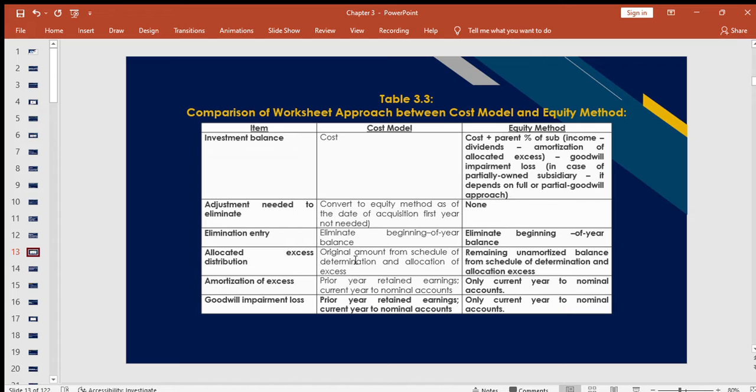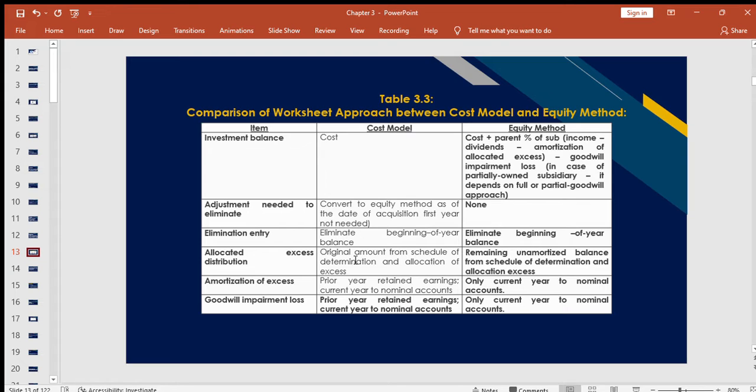So, for a table of comparison, here it is. Cost model versus our equity model. Our investment balance under cost model, we have, of course, the cost. Under equity model, we have the cost, then the share in net income, amortization, and impairment.